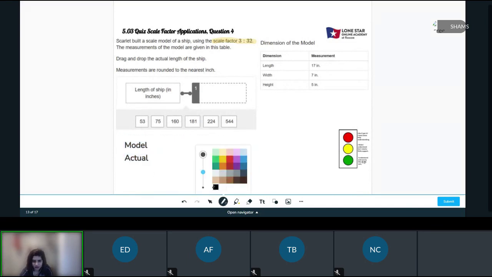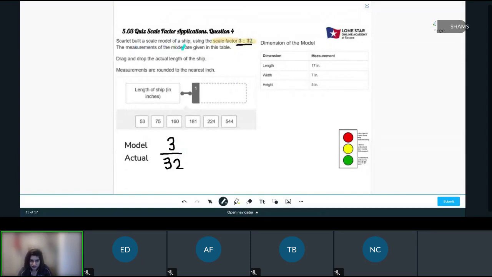So Scarlett is going to use only 3 units on the map to represent an actual 32. That is very smart of her because she cannot draw some really big models. She'll just use 3 units to represent 32 actual units.